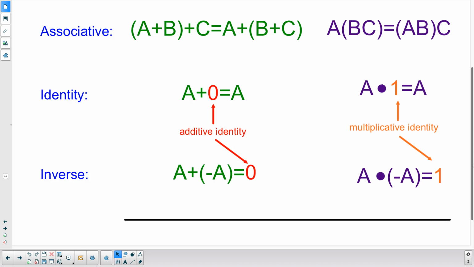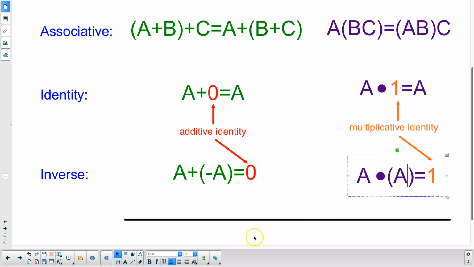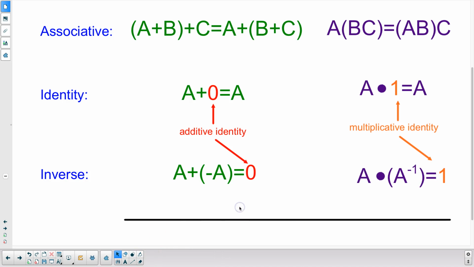If you multiply inverses together, you get, oops, that's not right. This should have been A over here. That shouldn't have been negative A. That should be A to the negative 1 power. There we go. Now we're talking.